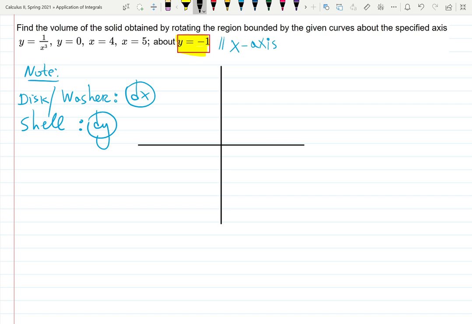Let's sketch the graph. Step 1, sketch the 2D graph. Well, y equals 1 over x cubed looks something like this.